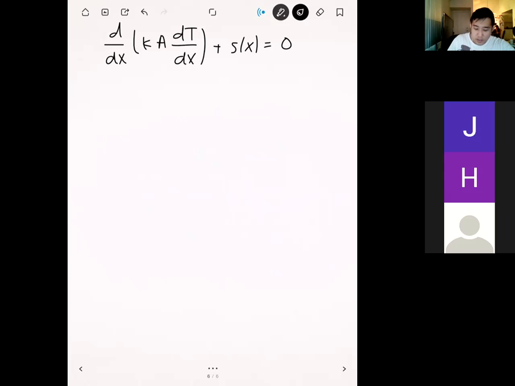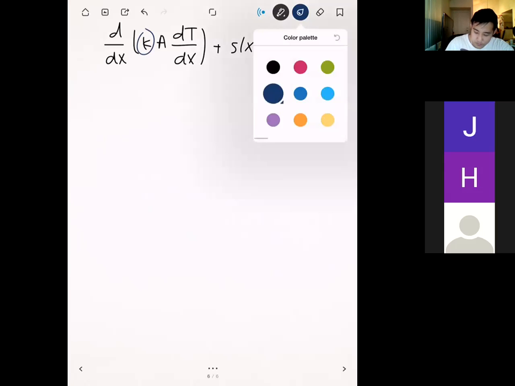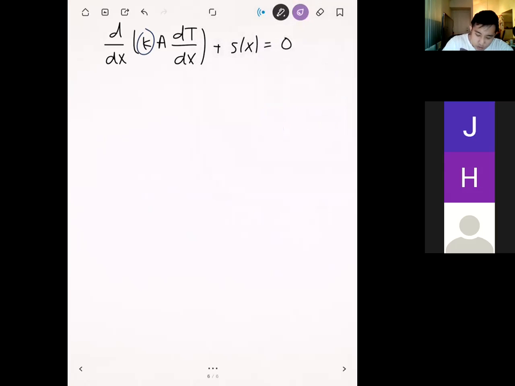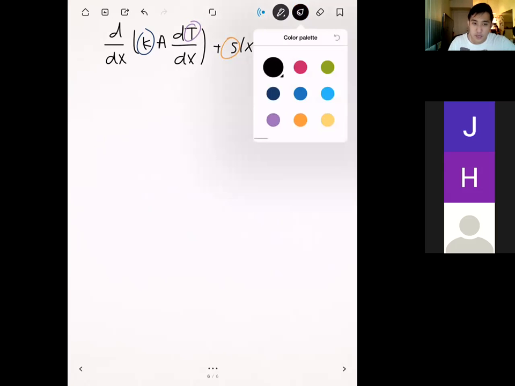You can see the differential equation is exactly the same as our elasticity case. The only difference is that instead of E, we have K. This is where E went before. Instead of U, which is our displacement, we have T. And instead of B, our body force, we have S, which is our heating per unit length. The letters are different, but mathematically it's still exactly the same.